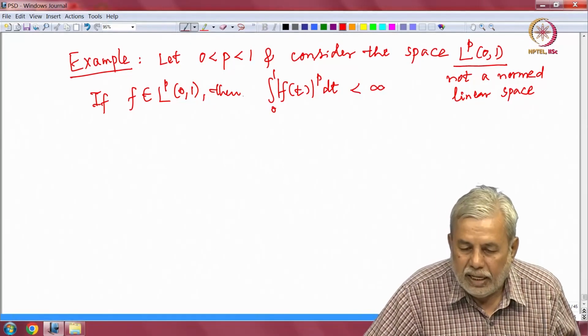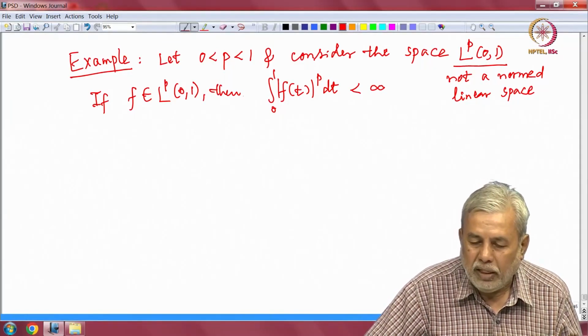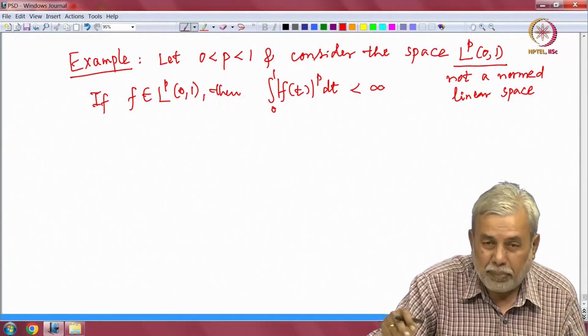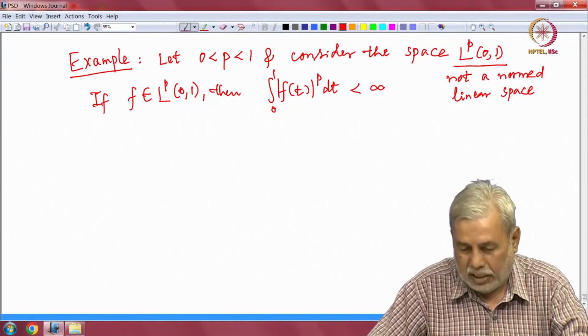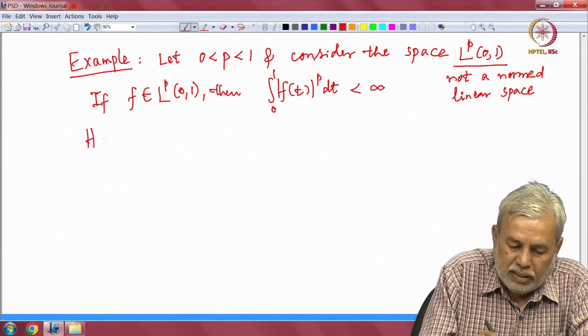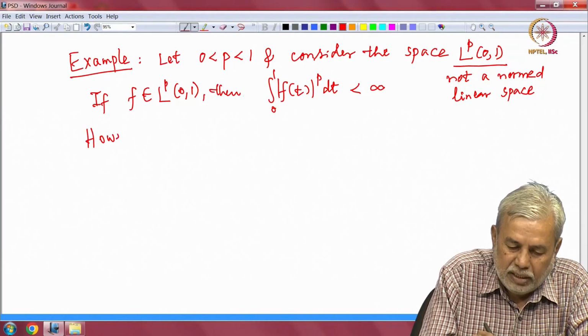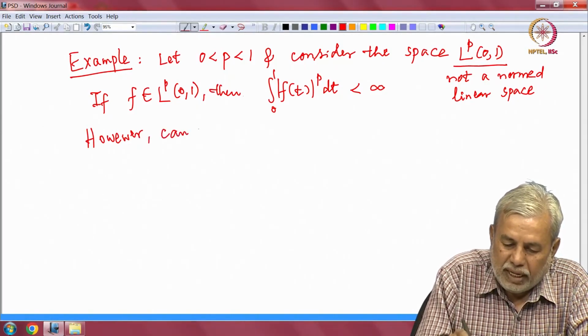So, unlike the case of p bigger than or equal to 1, you cannot just put 1 by p and try to show that that is a norm, and that is not true also. Okay. However, this is a metric space, and we can introduce a metric.